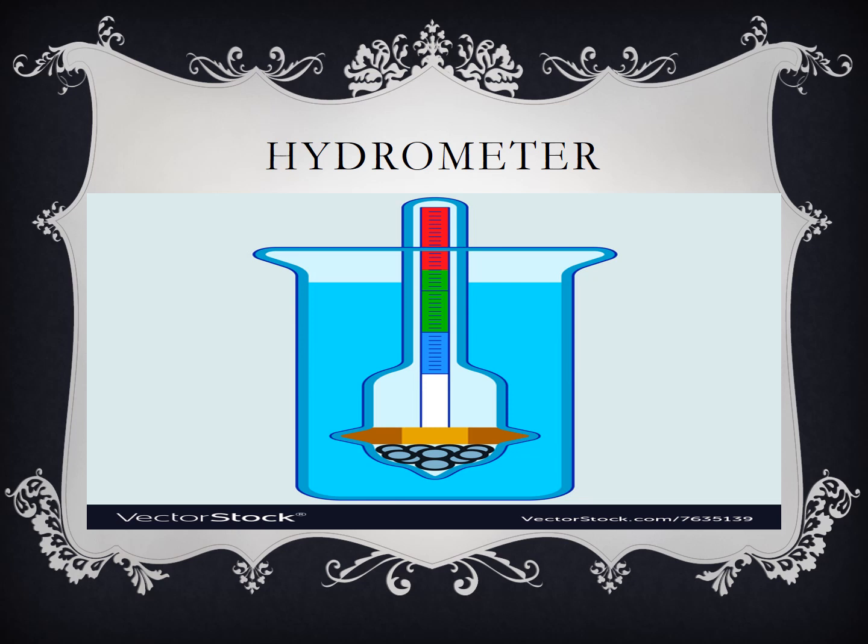A direct reading instrument used for measuring the density or relative density of a liquid is called a hydrometer. Hydrometer is based on the principle of flotation.